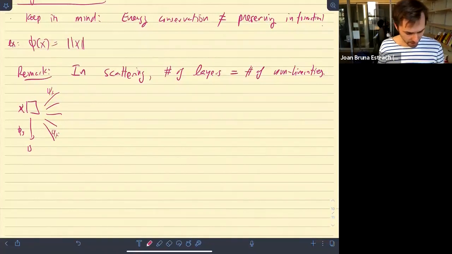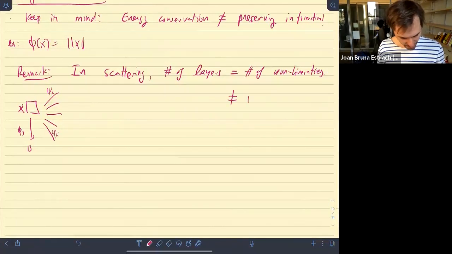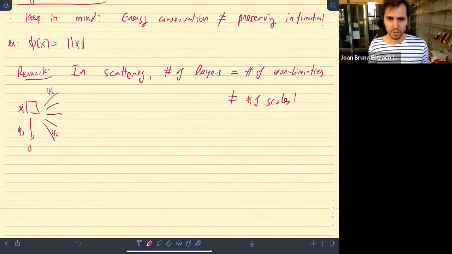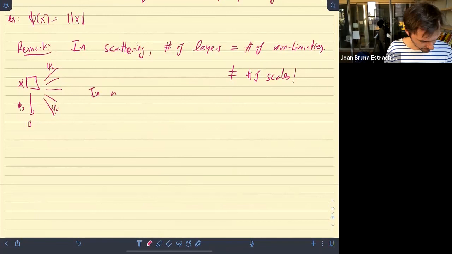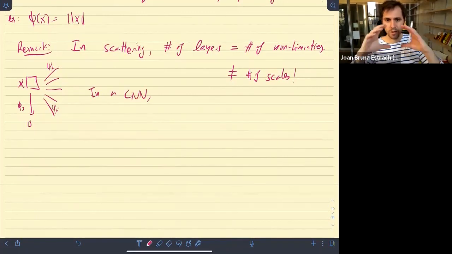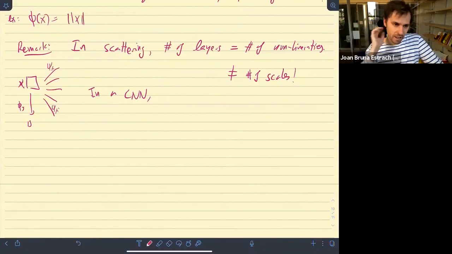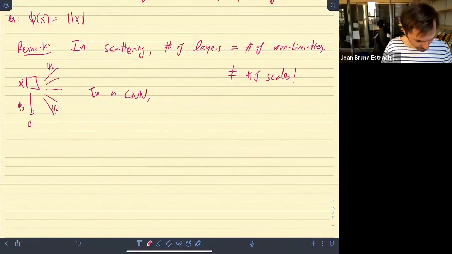So it's not the number of scales. This is very different from a convnet. In a convnet, if you think that you are using filters that are all the same spatial scale, the number of layers in the CNN is equal to the number of scales that you can process.